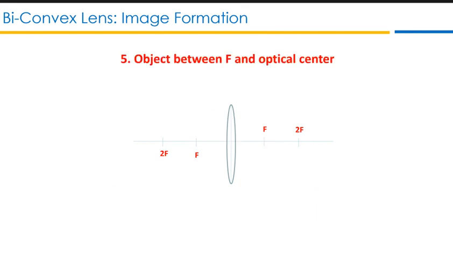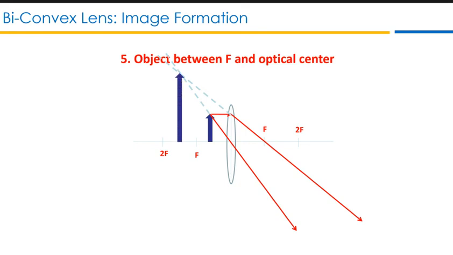What about if we bring the object closer to the lens? That means inside the focus. These two rays of light show that they will not make any intersection because they are diverging. But if we extend them backward, they do intersect, and they actually make an image which can only be seen inside the lens.